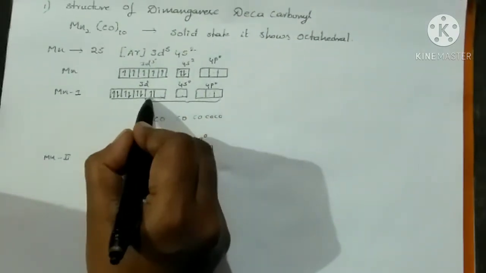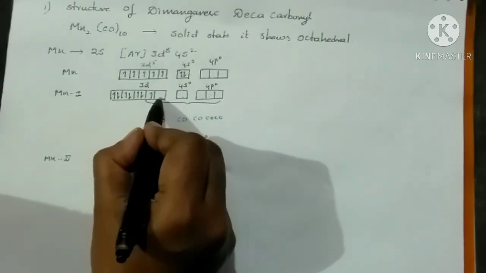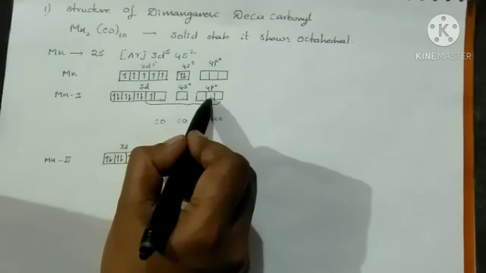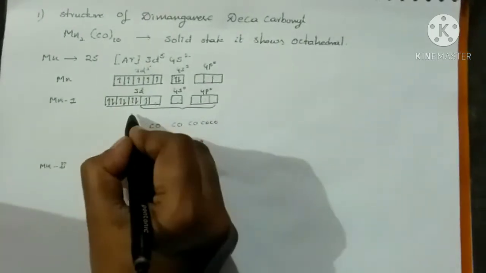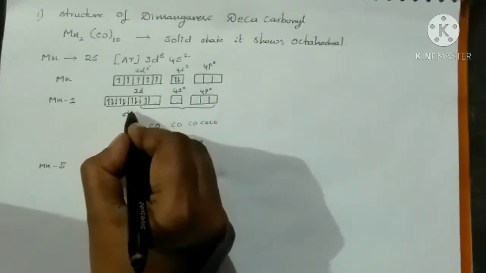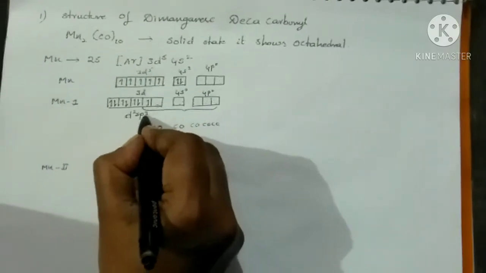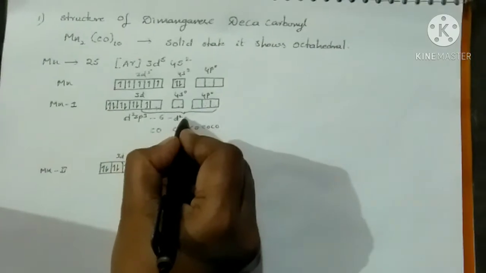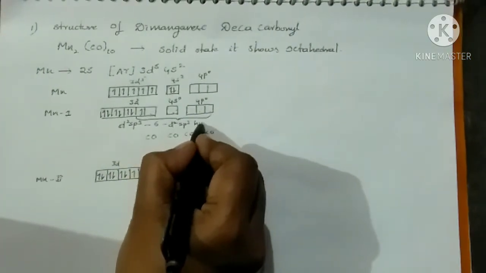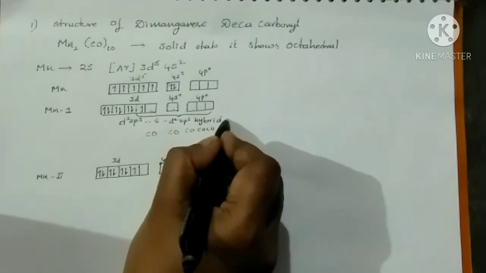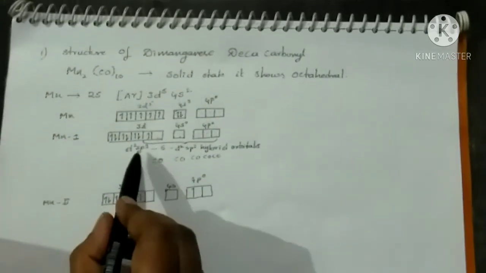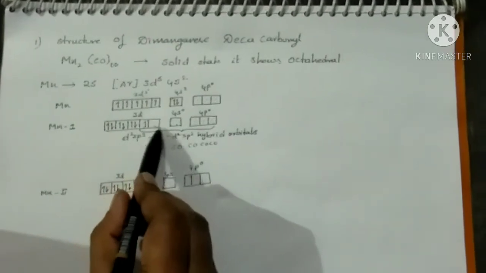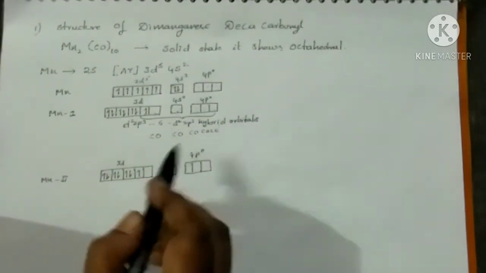So the vacant d orbital, one 4s and three 4p orbitals merge together and give rise to d2sp3 hybridization. So we get 6 d2sp3 hybrid orbitals.